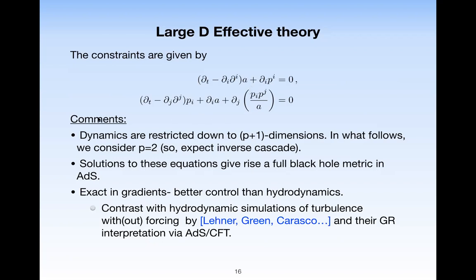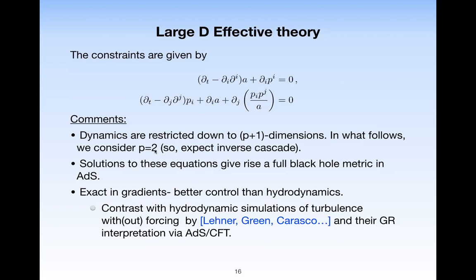Now, some comments are in order. Note that here we chose to restrict the dynamics of alpha and p to p+1 dimensions, while we assumed that these two quantities are translation invariant in the remaining spatial dimensions. In particular, for the simulations that I'll show later on, we chose p to be equal to 2.